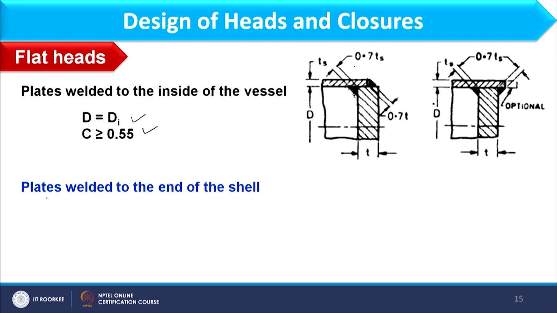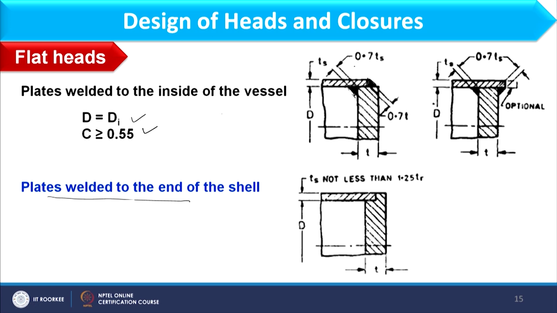And next we have a plate welded to the end of the shell. For example, this is the shell, and here we have this attachment of the head. So, if the head is welded at the end of the shell, in that case D would be Di and C would be 0.7. Now, if you compare this image with this image, in this image I do not have any fillet.